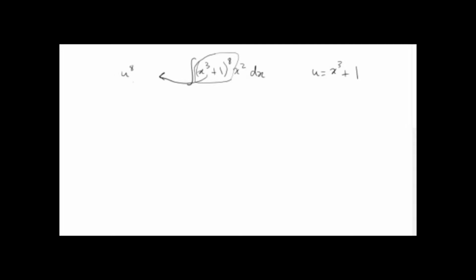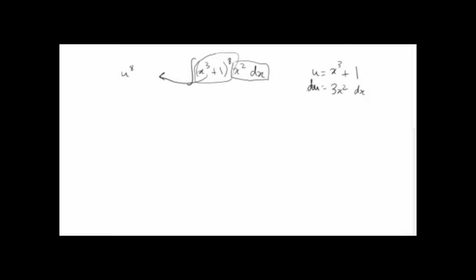Now let's solve for du. Using the derivative of the previous function, du is 3x squared dx. As we notice here, we only have an x squared. We do this so we can replace our dx as well, since we're changing x for u, we have to change the dx for du as well.